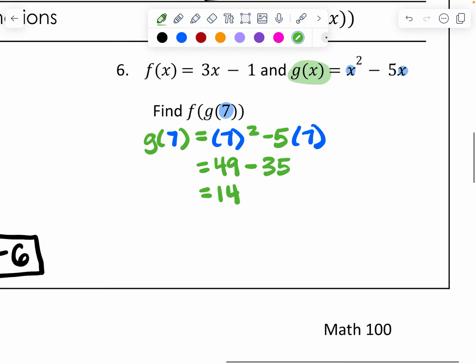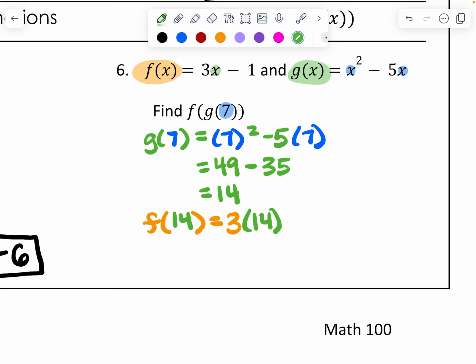Now 14 becomes my input into the f function. So f of 14 equals 3 times 14 minus 1.